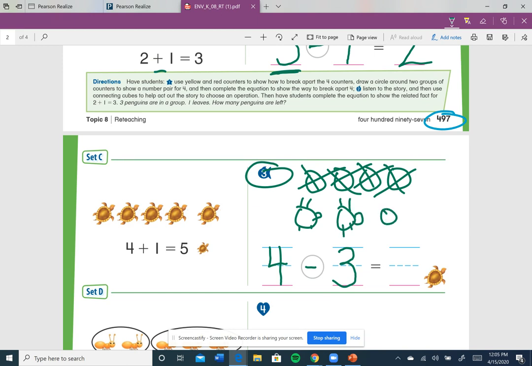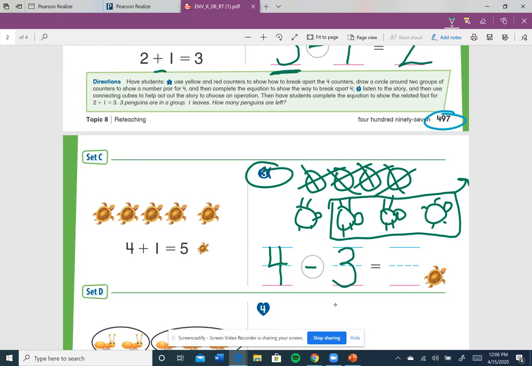I know Mr. Grun's a great artist. You've really come to see that the last 2 days, I bet. And then you could draw a box. How many are leaving? With the arrow.